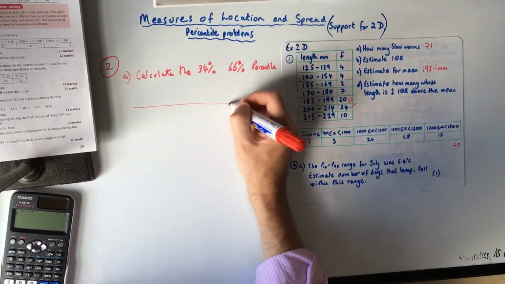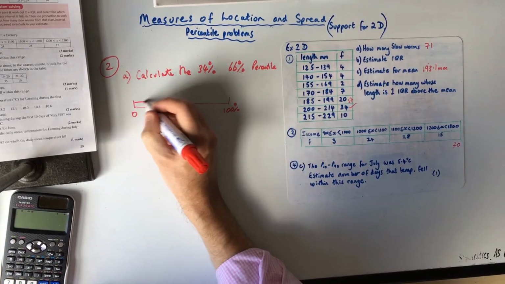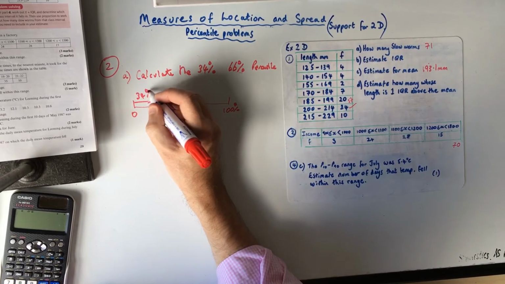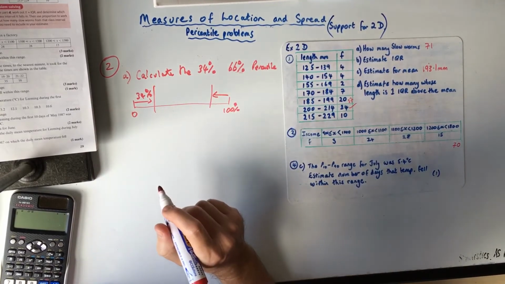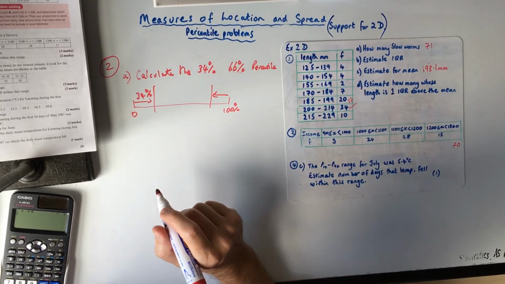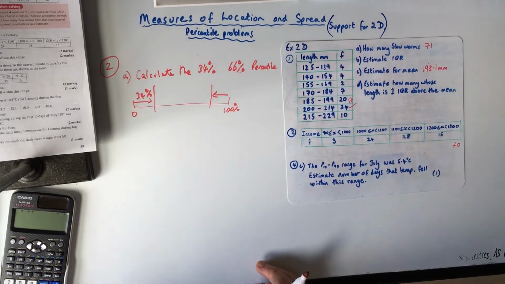So what they're doing, from the 0 to 100%, is going in 34% from each end, aren't they? And they're going to ask you to estimate the number of data values that fall within this range. Okay, so that's what we're doing now.